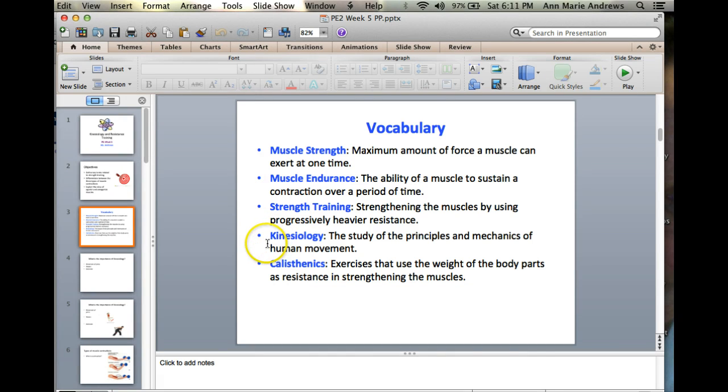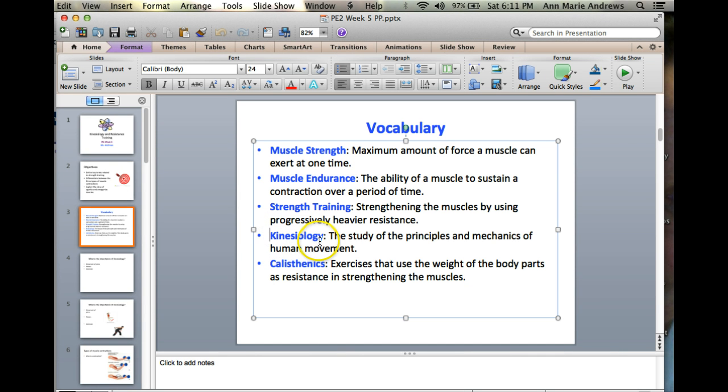Then kinesiology. Kinesiology is the study of the principles and mechanics of human movement. Okay, so we're going to get a little bit more into this in just a minute. But the study of principles and mechanics of human movement.